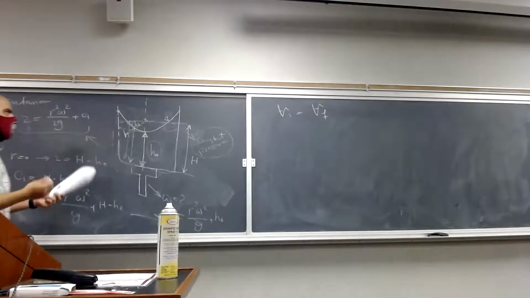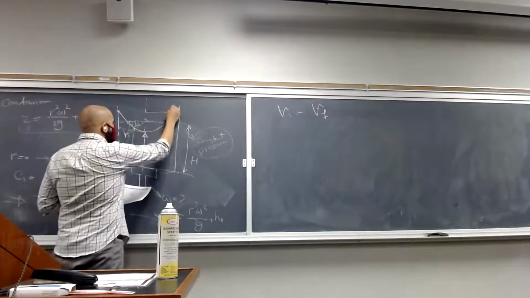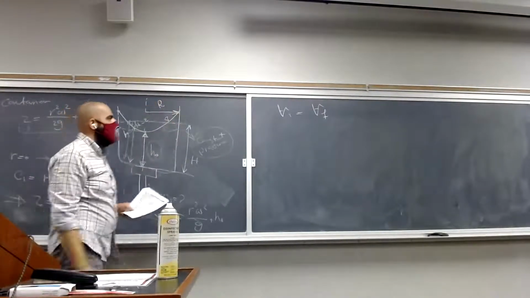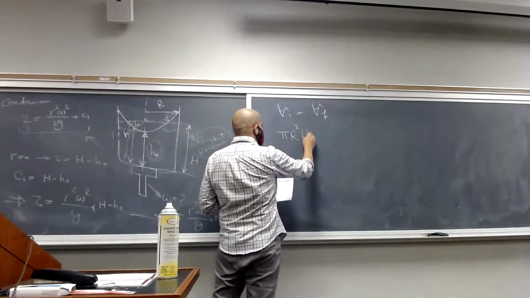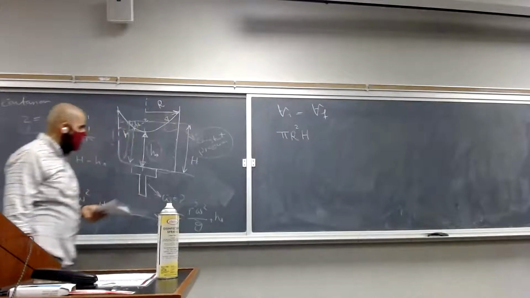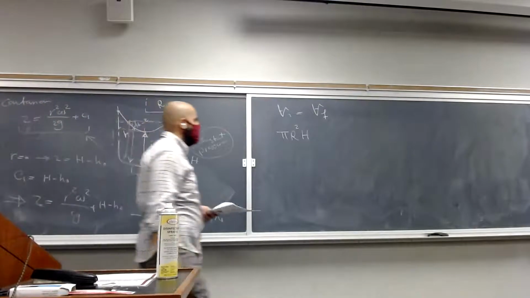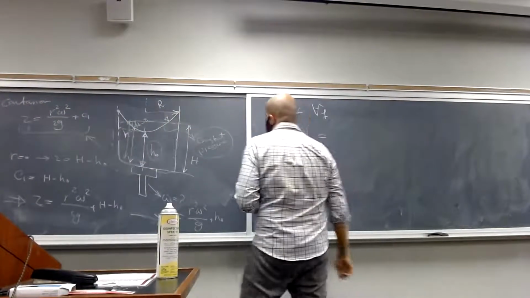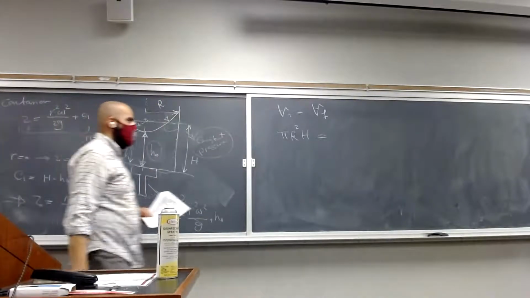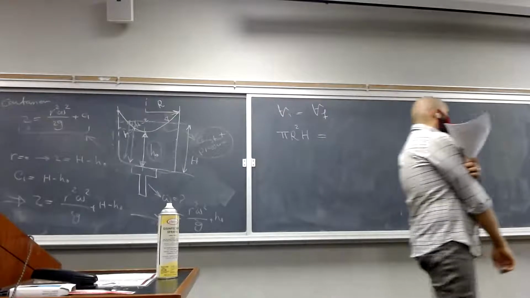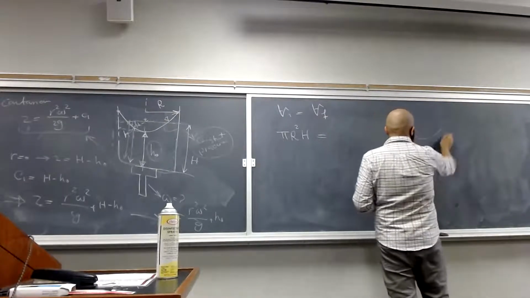How can we find the initial volume? Let's call this radius capital R. The initial volume is going to be pi R squared multiplied by H, right? It's a circular container. But how can we calculate the final volume? That is going to be the tricky part. To be able to calculate this volume, we essentially have to come back to mathematics.